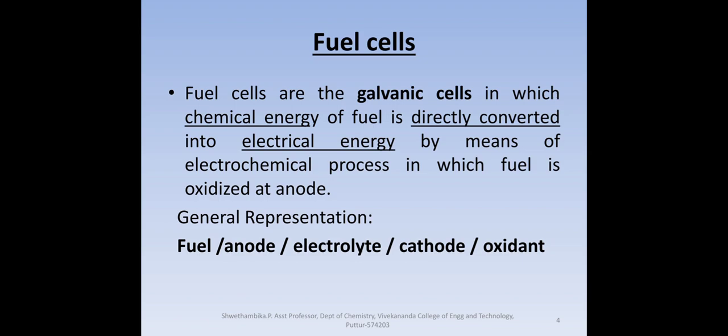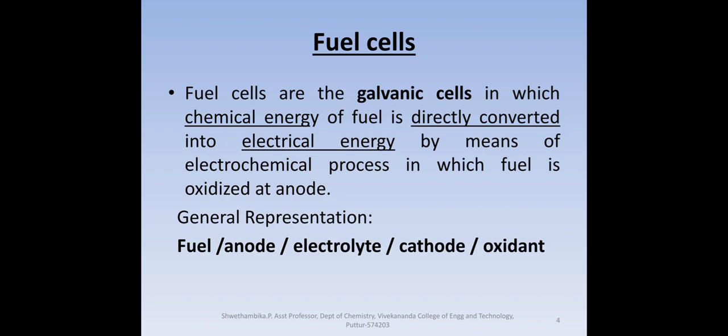So, fuel cells are defined as galvanic cells in which the chemical energy of the fuel supplied is directly converted to electrical energy. The process takes place by means of an electrochemical process, and here the fuel gets oxidized at the anode.